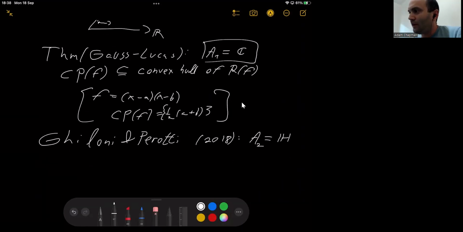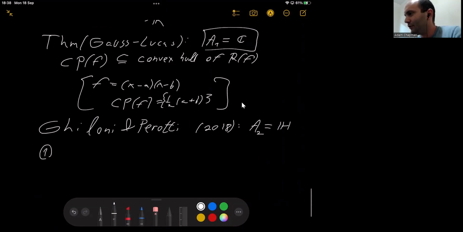So here you can ask several different variations of Gauss-Lucas. And of course, there's a reason for all these variations because both of them are just wrong. The first is asking, is it just true, phrased like that?